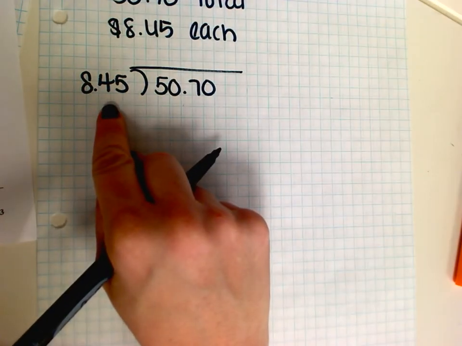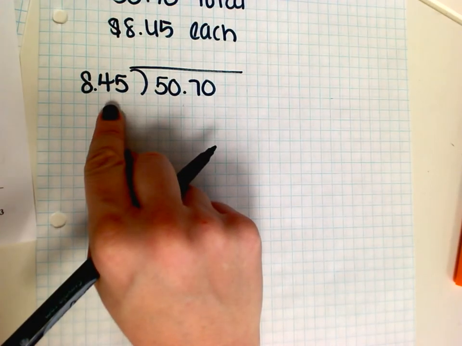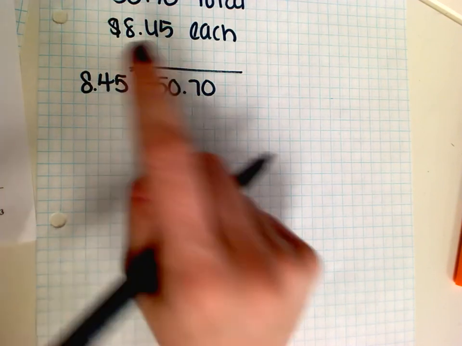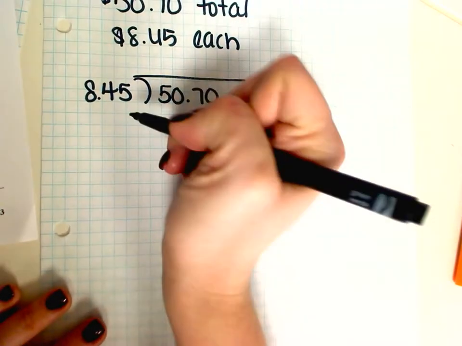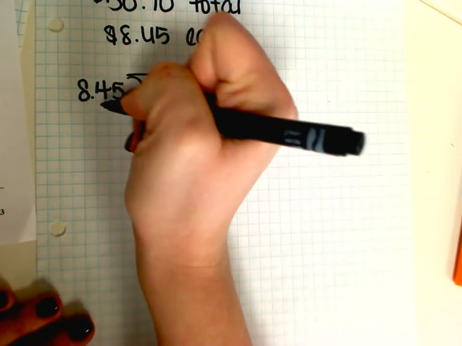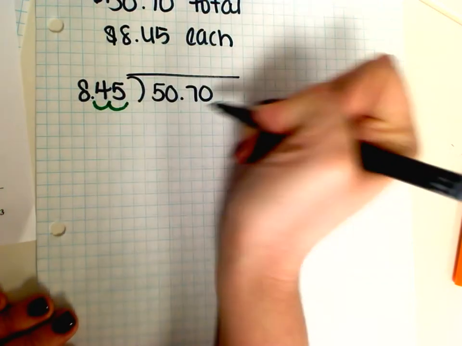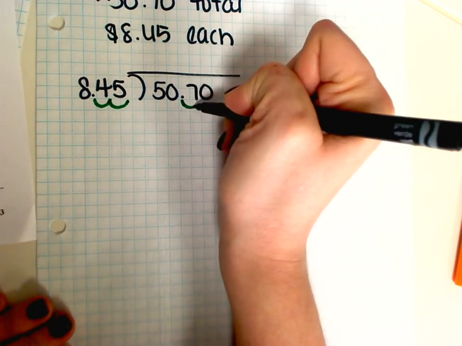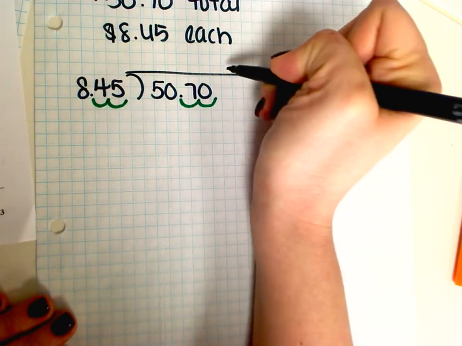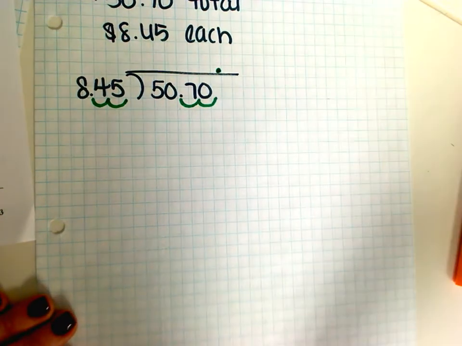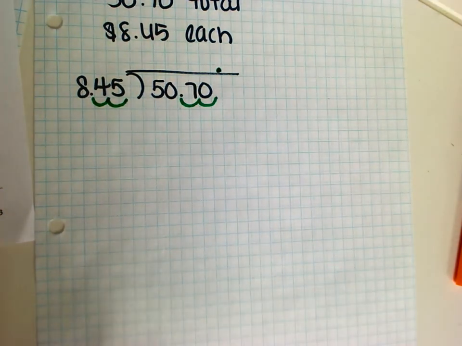No. Not yet, right? What do I do first? Go ahead, Taha. You jump 2 hops. 2 hops, very good, because I need to make the divisor a whole number first. To do that, in this case, I'm doing 2 hops, which means I need to go 2 hops over here in the dividend and put it on top of the house wherever you end up.